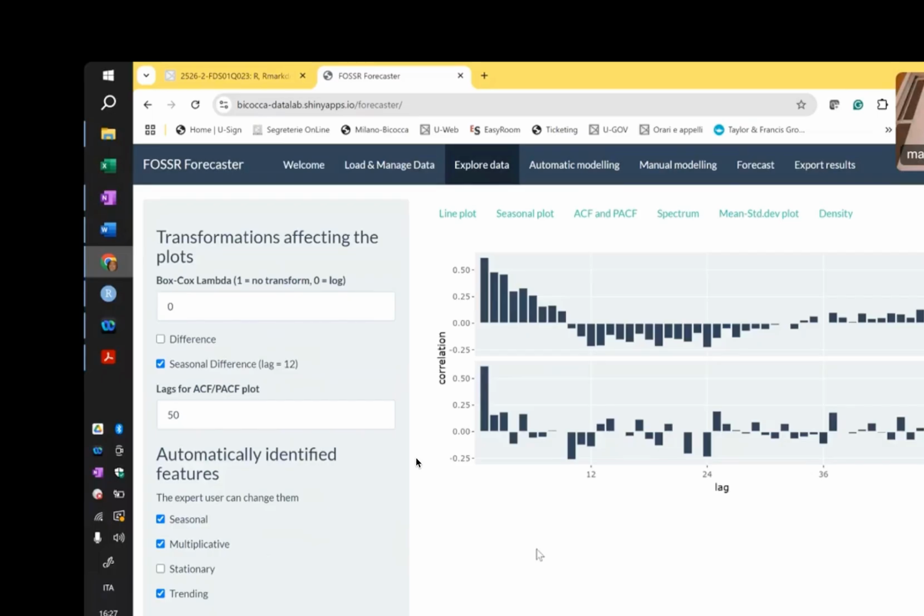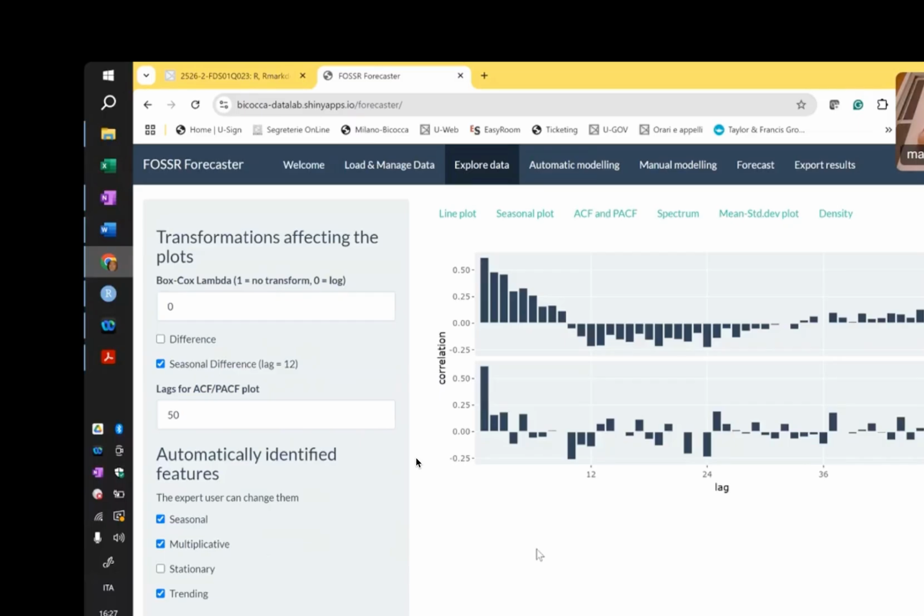So the clear fact here is that if we had a moving average, after a certain lag, we for sure see nothing. A purely moving average process would cut to 0 after a while, okay? But here, it just looks like it goes to 0 in a gradual way, and maybe even in a sinusoidal way.